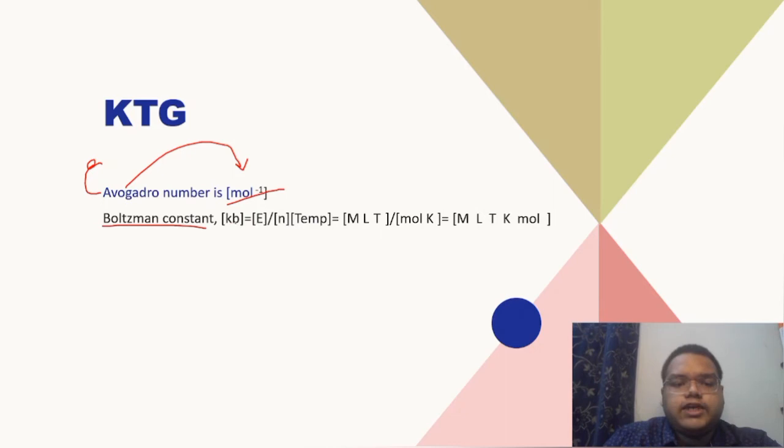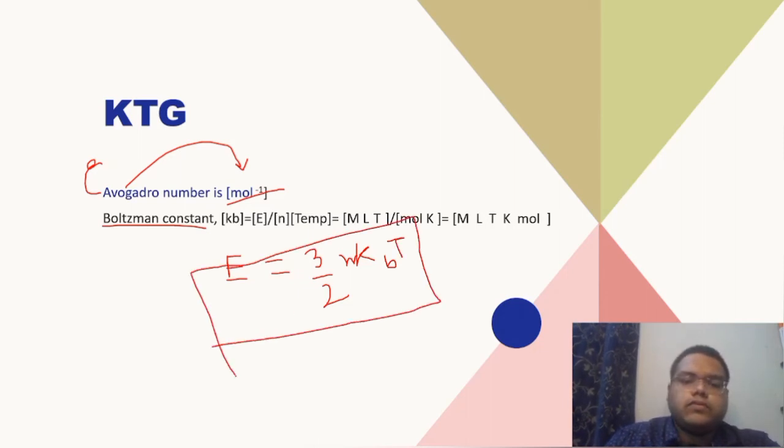Boltzmann constant has the dimension of E divided by n into temperature, because energy is denoted by 3 by 2 n kB T. Okay, so it will have the dimension of M to the power 1, L to the power 2, T to the power minus 2 upon mole to the power 1, K to the power 1.